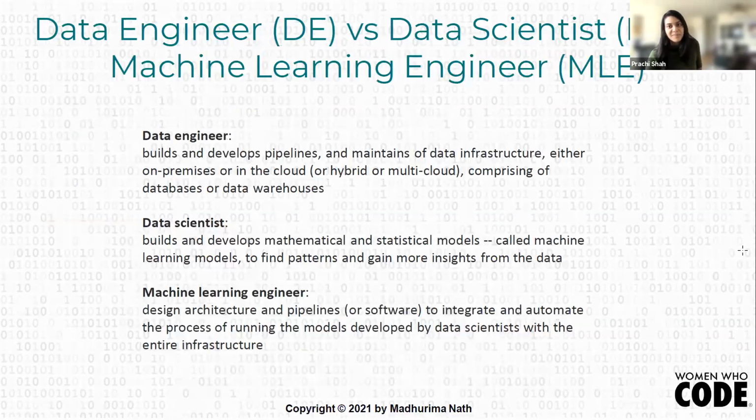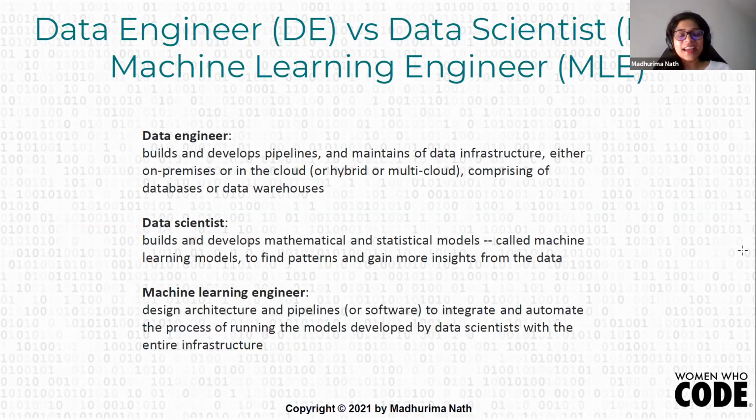All yours. Thank you, Prachi. So a little brief introduction. A data engineer basically builds and develops pipelines to bring all the data from different sources, different formats into one single place.